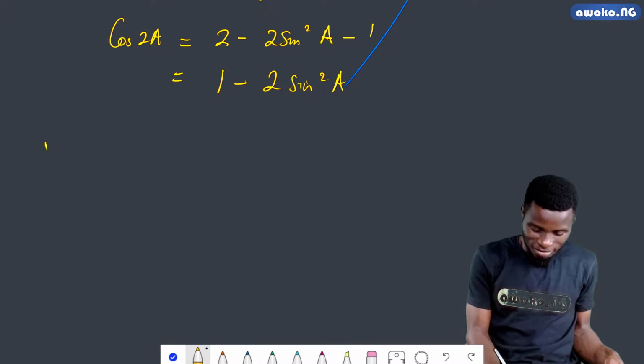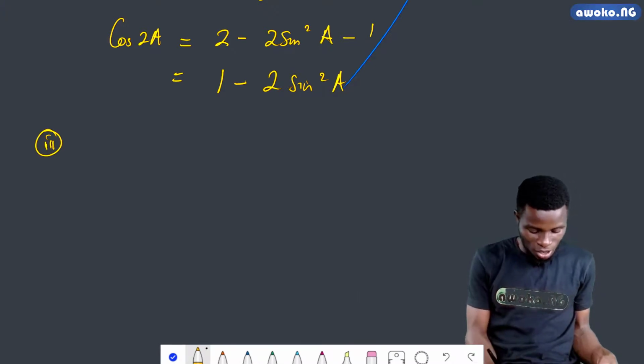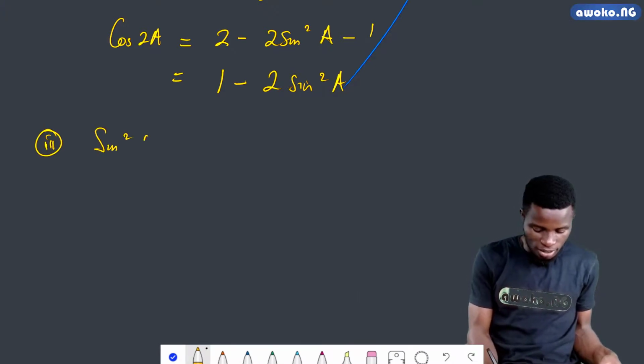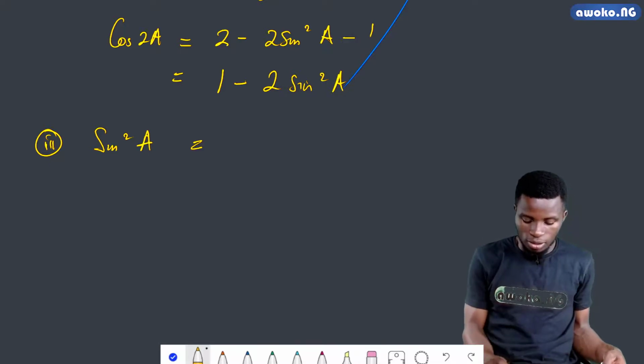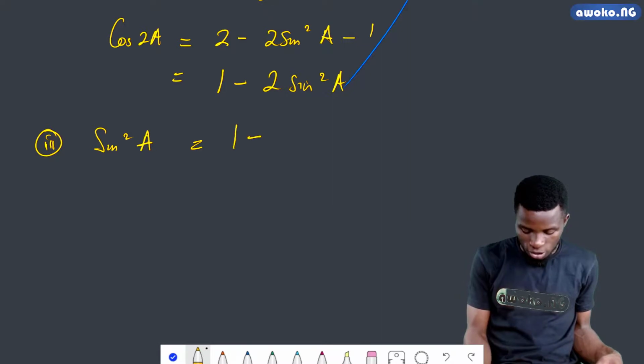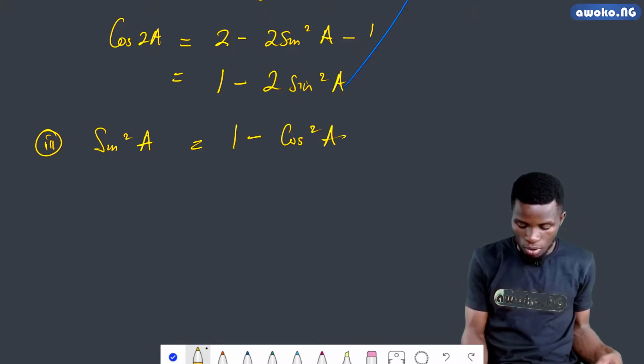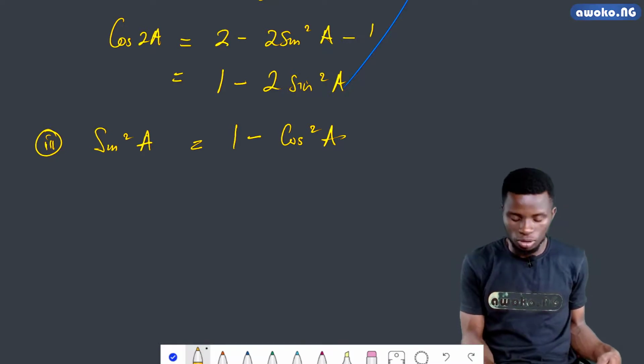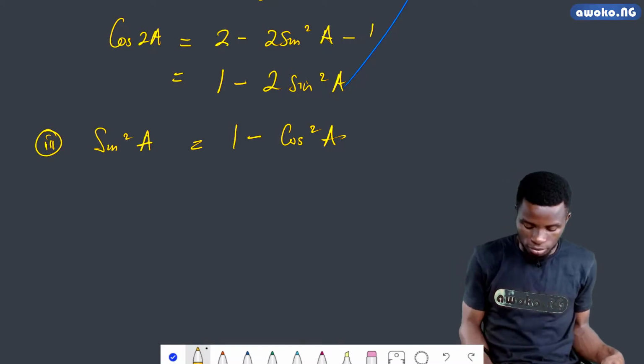So I have the third identity to be equal to sine square A. Of course, sine square A equals 1 minus cos square A. We've said that in the second identity we considered above.